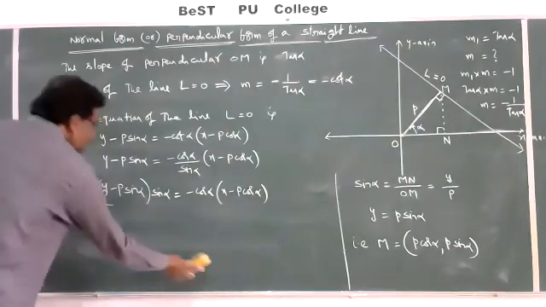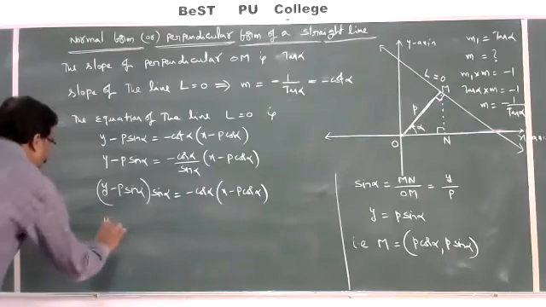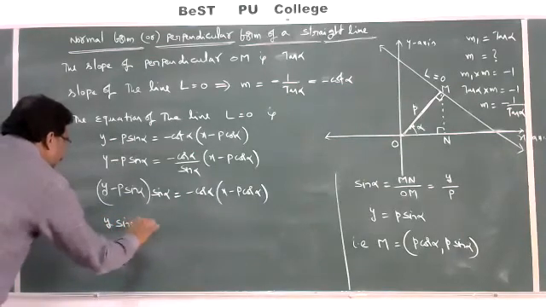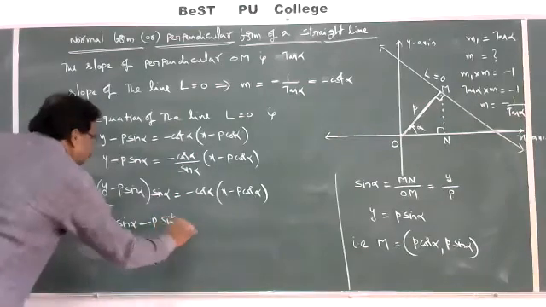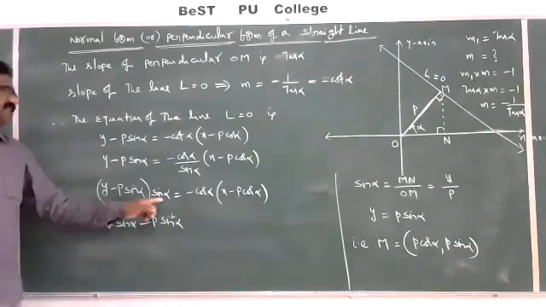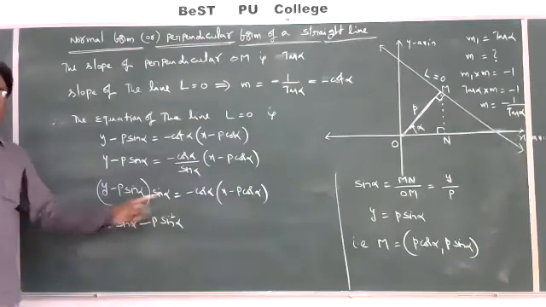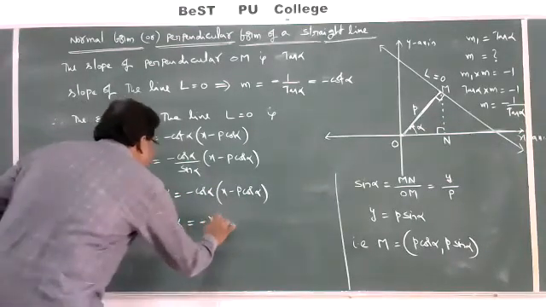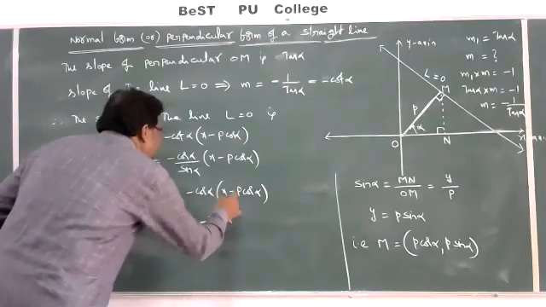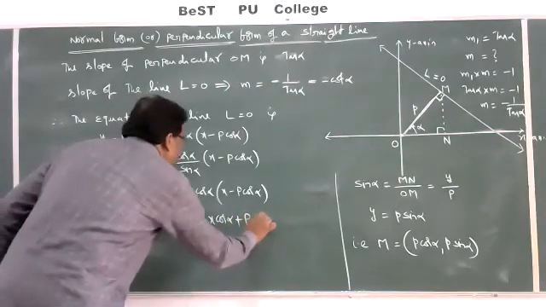So sin alpha is multiplied inside the bracket: y sin alpha minus p sin square alpha is equal to minus x cos alpha plus p cos square alpha.